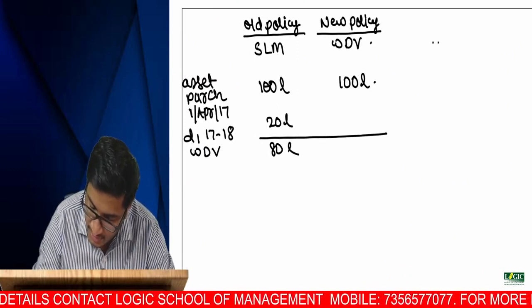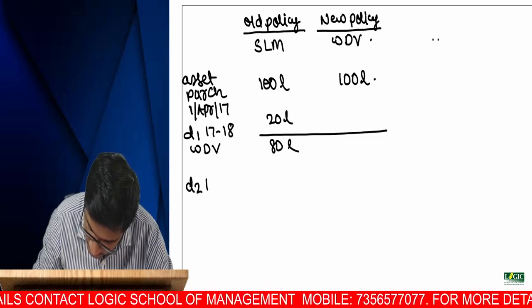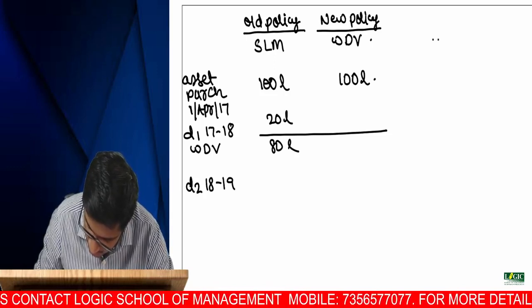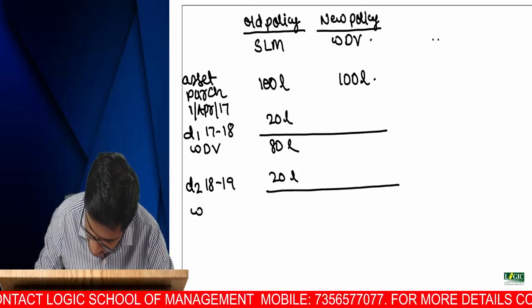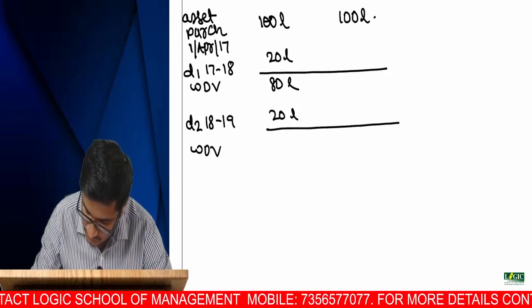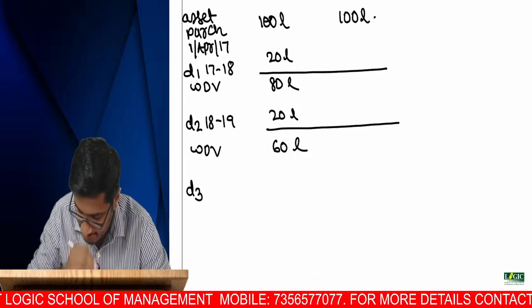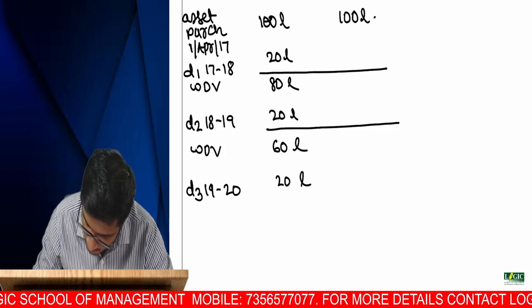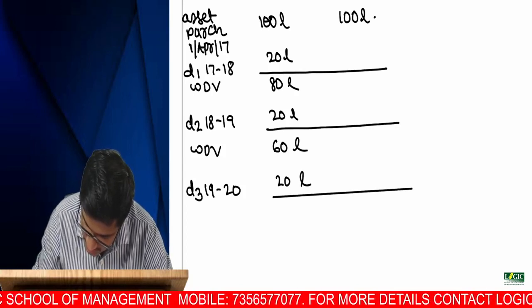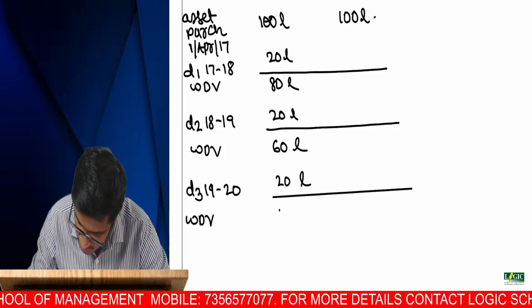Okay. Let me complete the old policy. What is depreciation 2? 20 lakh. So what is WDV? What is depreciation 3? What is WDV? 40 lakh.